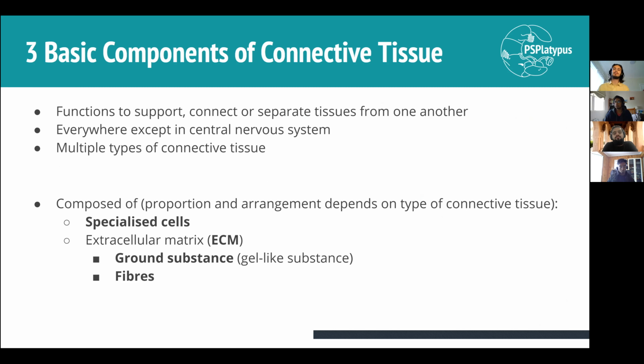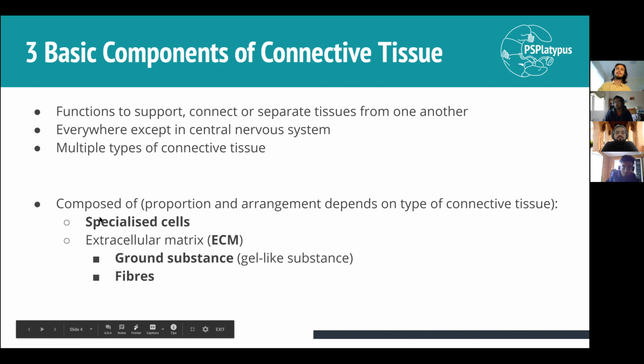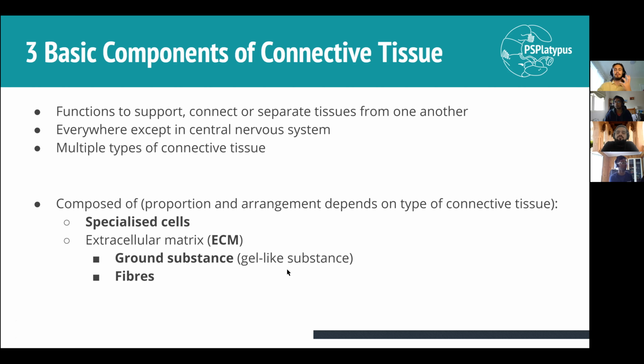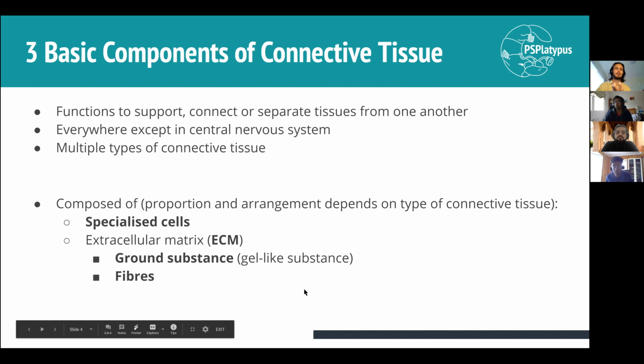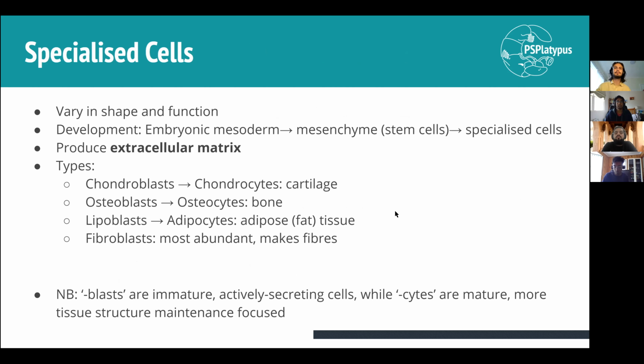And there are multiple different types of connective tissue, such as bones and cartilage. And the way that you get different types is depending on the proportion and arrangement of the different components of connective tissue. So ground substance is more of a gel-like fluid, and fibers are that fibrous structure. And then we have specialized cells that help create and maintain that extracellular matrix.